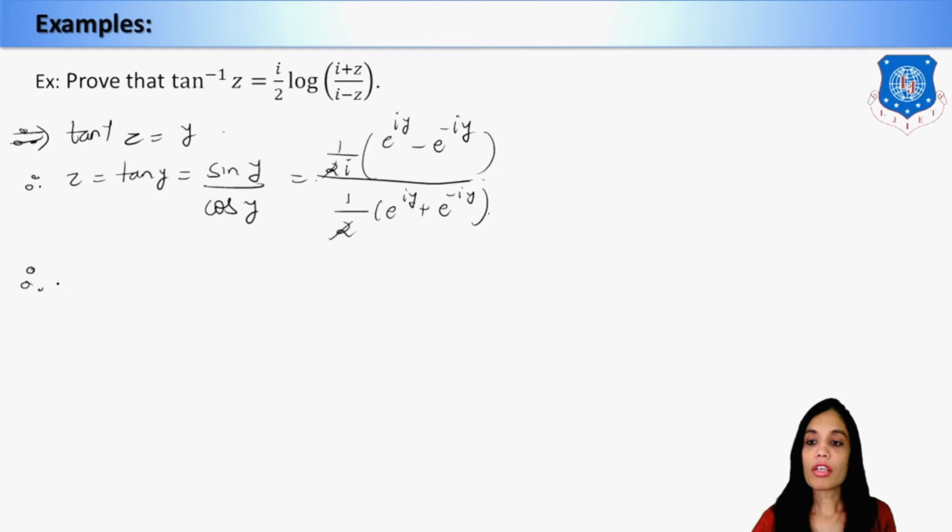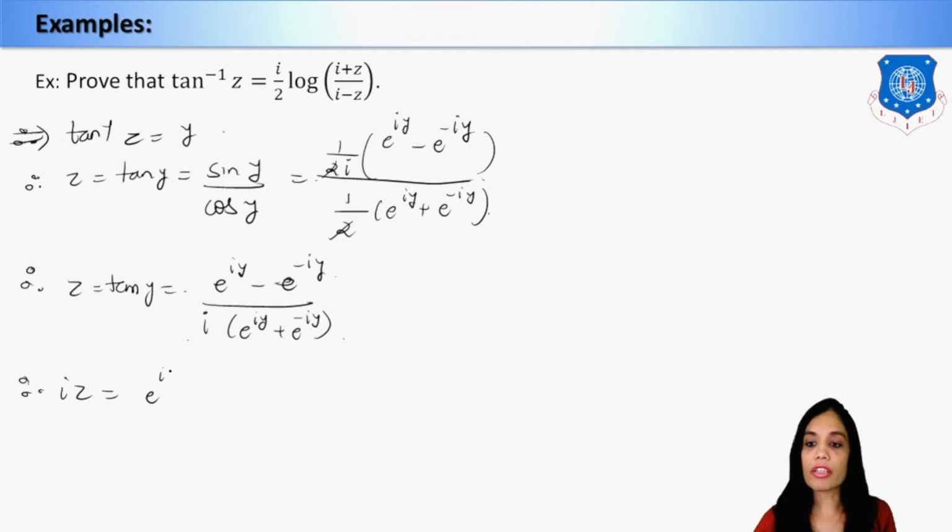So finally z is equal to tan y, which is equal to (e^(iy) − e^(−iy)) upon i times (e^(iy) + e^(−iy)). Now let us take this i on this side. Therefore, you will have iz as (e^(iy) − e^(−iy)) upon (e^(iy) + e^(−iy)).